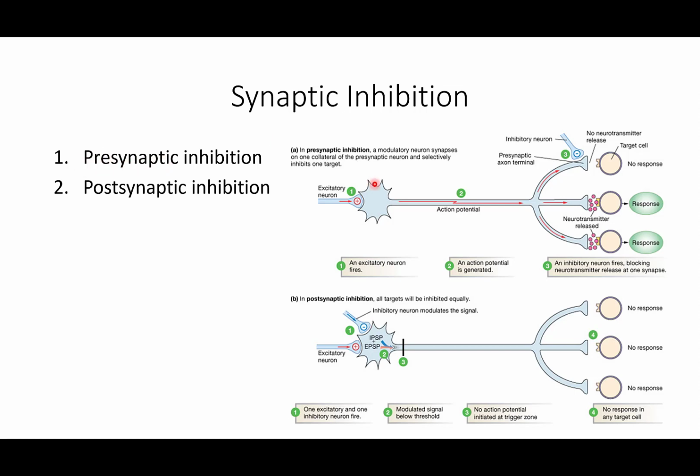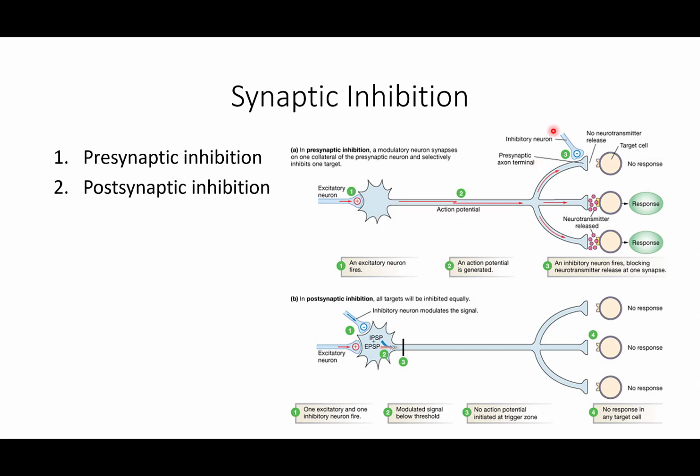So here's an example. We have an excitatory neuron that depolarizes the membrane, the soma of a postsynaptic neuron, which triggers an action potential. We send that action potential down the axon. As it comes to the presynaptic terminals, because of the network of neurons we have, oftentimes there can be an inhibitory neuron that will release neurotransmitters right on the axon terminal or on that membrane.